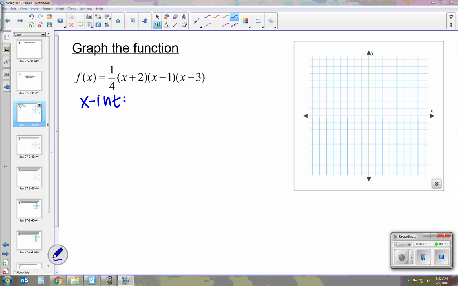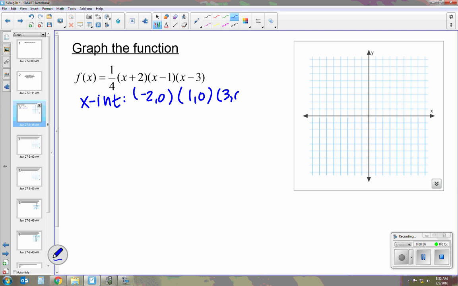So my x-intercepts here are going to be (-2, 0), (1, 0), and (3, 0). And I can graph these on here. All right, the next thing is we're going to use a table of values to find the points in between these zeros and one beyond and after.